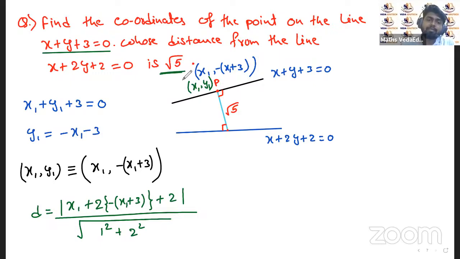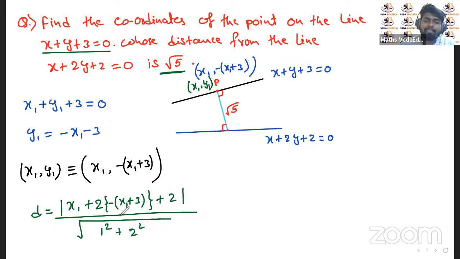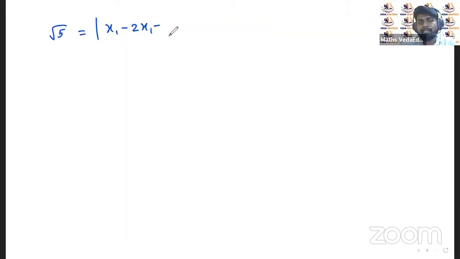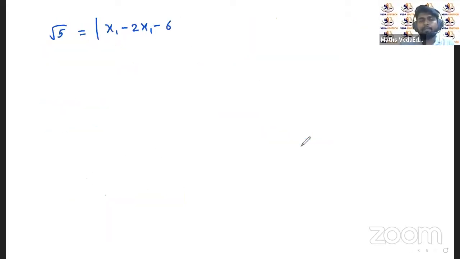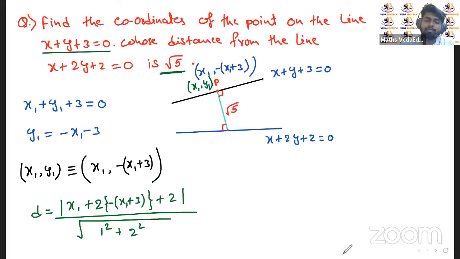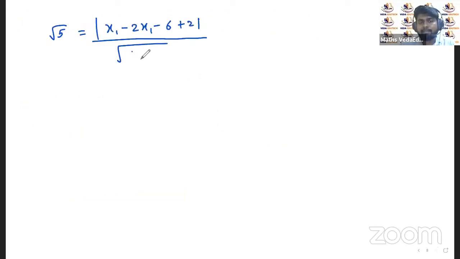Now instead of d, we need to put root 5. When we put root 5 here, we'll get root 5 equal to modulus of x1 minus 2x1 minus 6 plus 2, whole divided by square root of 1 square plus 2 square, that is 1 plus 4.